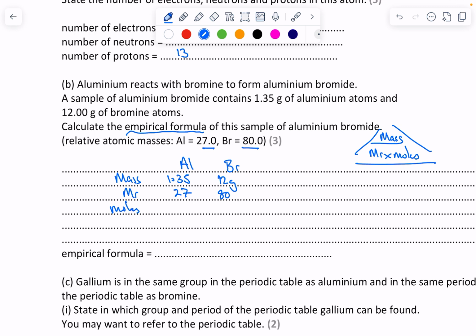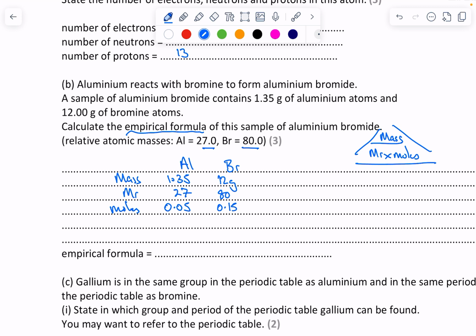So on my calculator, it's 1.35 divided by 27, and that equals 0.05. And then you've got 12 divided by 80, and that equals 0.15.